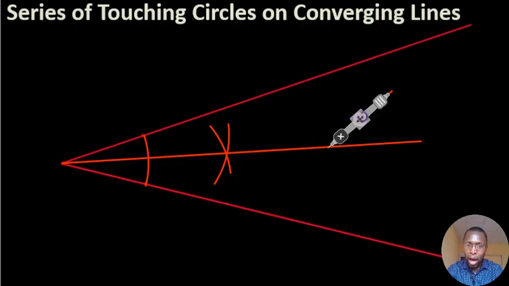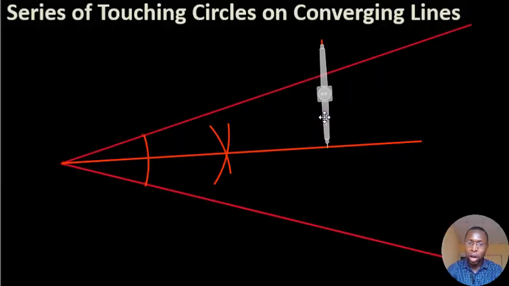You adjust the radius of your compass to the point that it will touch just the edge of one of your converging lines. So you adjust it a little, so when you swing it, it will only touch the edge.